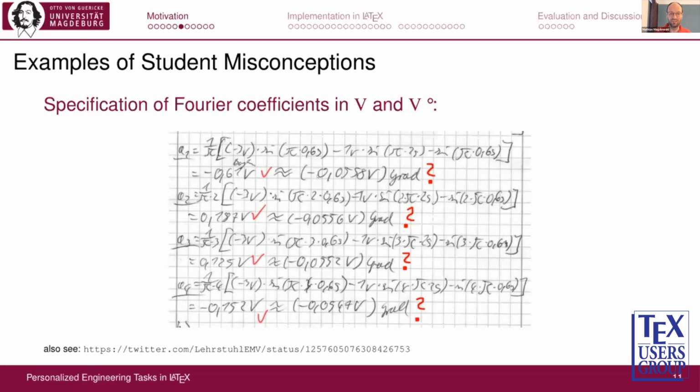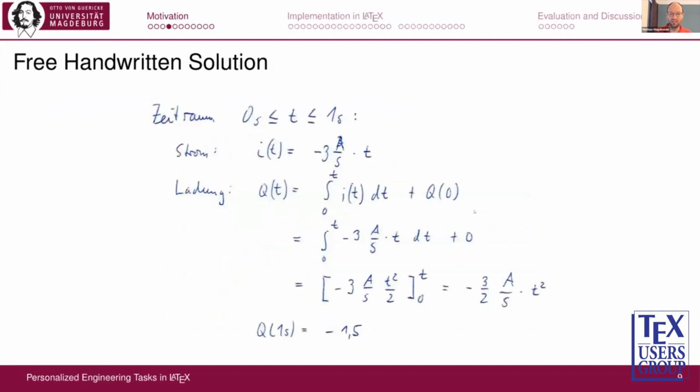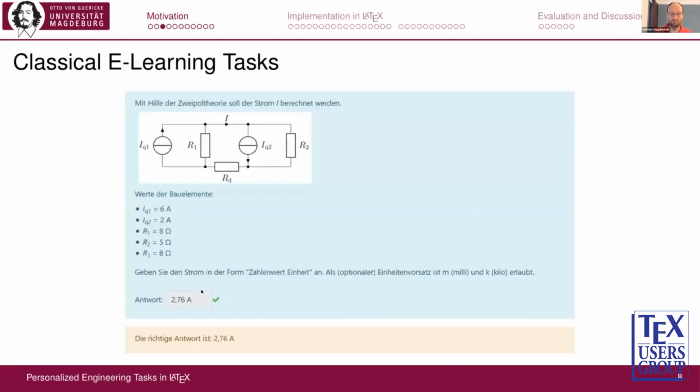And then, because some calculation with sine and cosine terms, with angles and radians and degrees was involved, students converted these results from volt into volt degree, whatever this should be. This is some misconception that you would never see if the answer to a question is just put a number in a field.